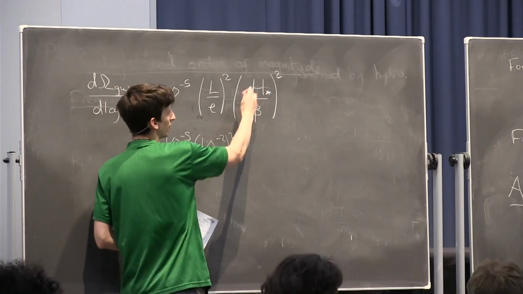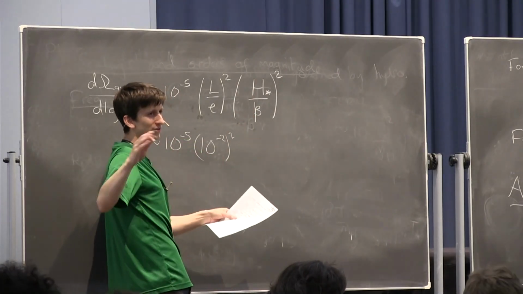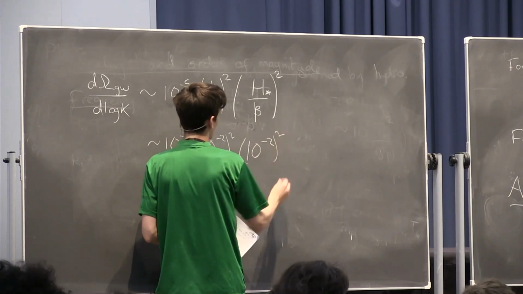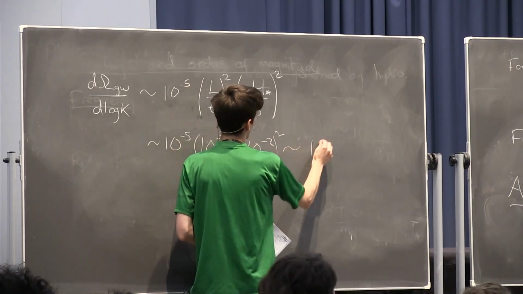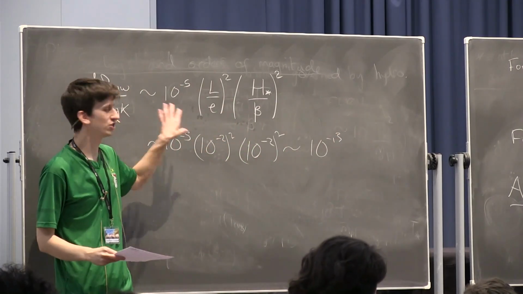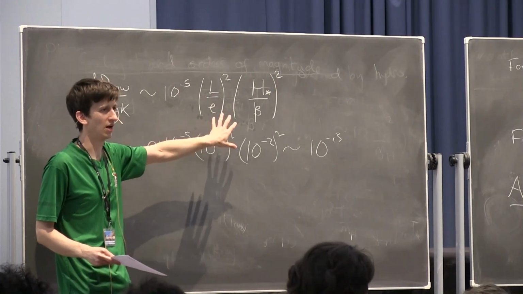And then I gave this number before, it's roughly also 10 to the minus 2, because there's 10 to the 2 bubbles in each direction. So we get some 10 to the minus 13 out. This is just for a standard middle-of-the-road phase transition at the electroweak scale.